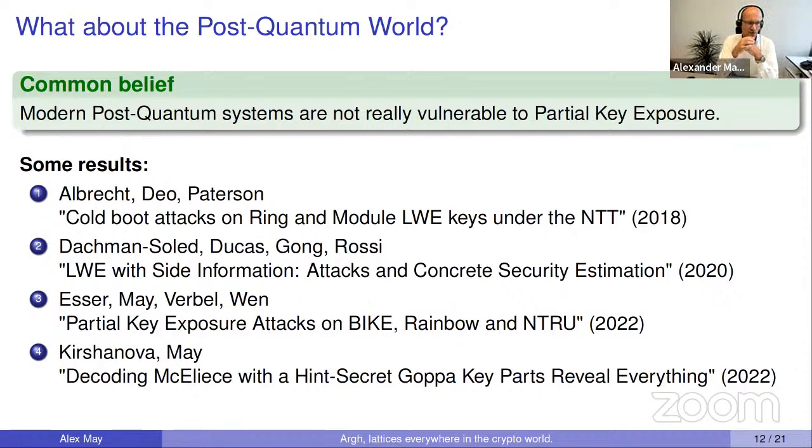But there are also more recent papers. There's a paper together with Andre Esser, Weber, and Wen on partial key exposure attacks on BIKE, a code-based scheme, Rainbow, a multivariate scheme, and NTRU. And there we showed some non-trivial partial key exposures in the code world.